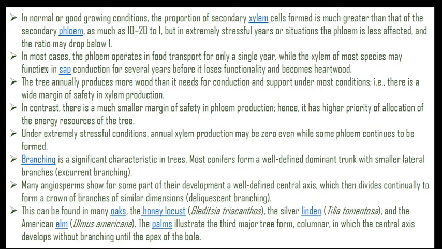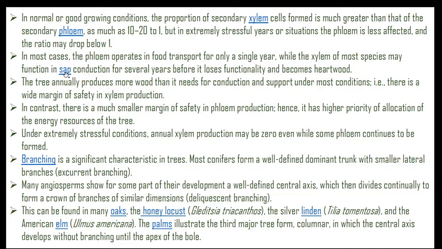So in most cases phloem operates in food transport for only a single year, while the xylem of most species may function in sap conduction for several years before it loses functionality and becomes heartwood.